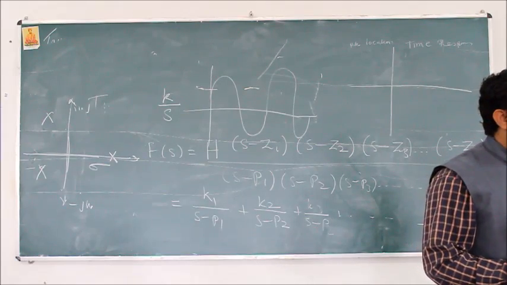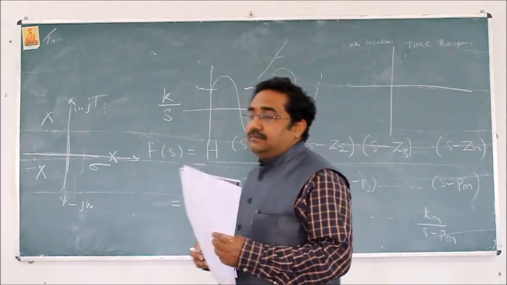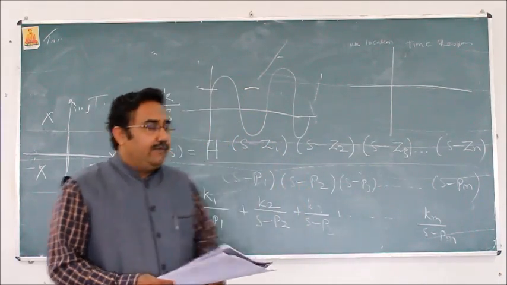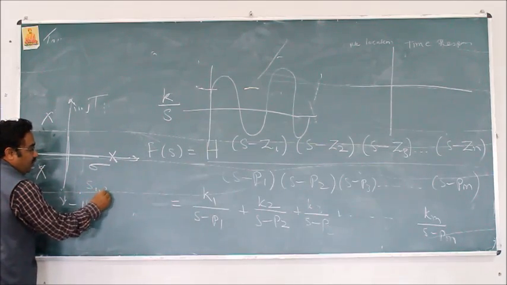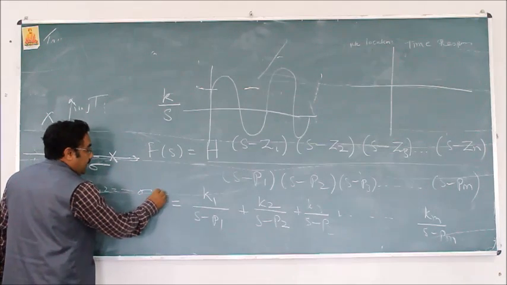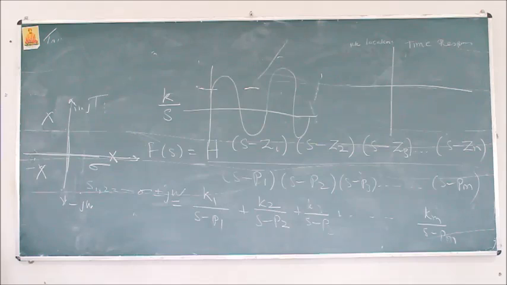So what do you expect? What will be the form? Definitely there will be two terms. When I say complex conjugate, my poles will be of the form minus sigma plus minus j omega. Do you agree or not?